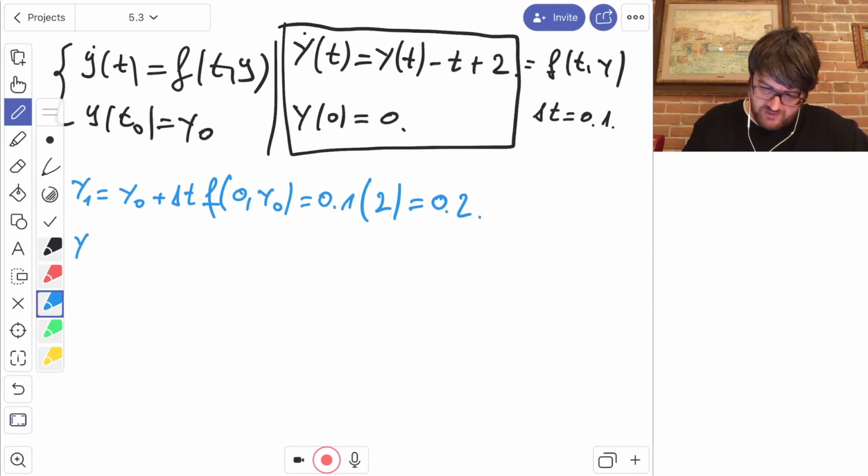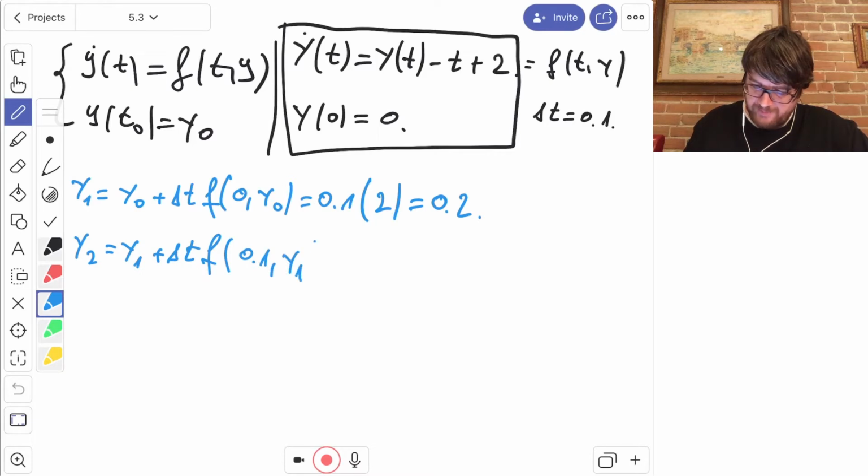y2 is going to be now y1 plus delta t f of 0.1 and y1.